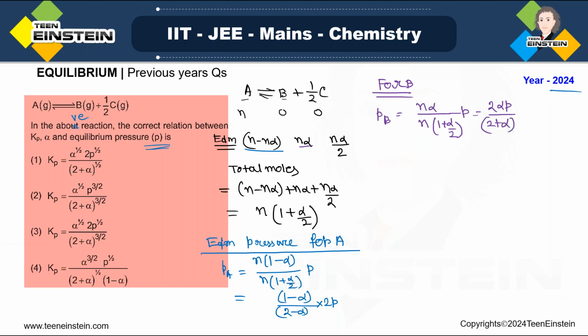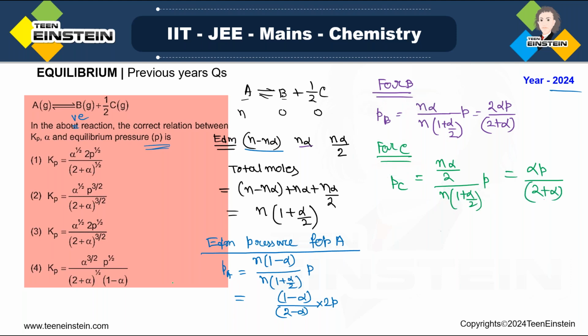Same thing we will also do for C. Now for C it is N alpha divided by 2. N will be cancelled and this denominator 2 will also be cancelled, and ultimately after simplifying it will be something like this.